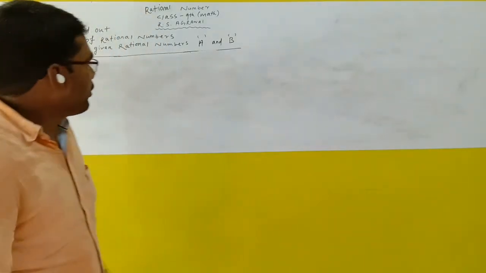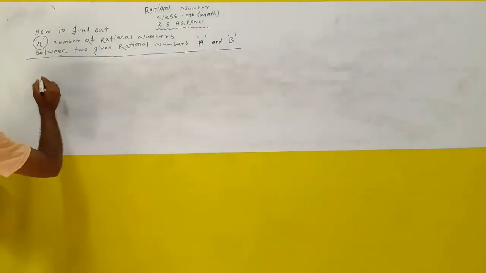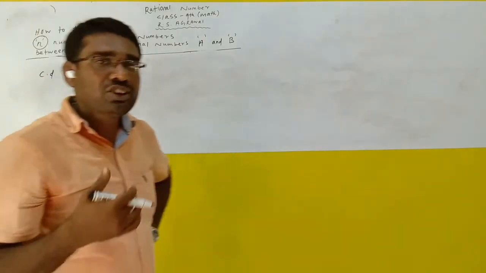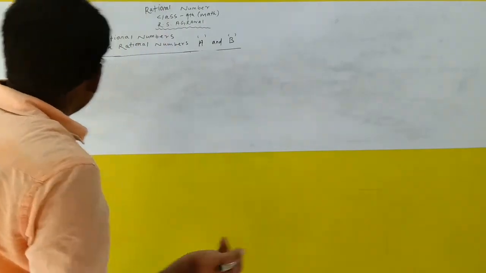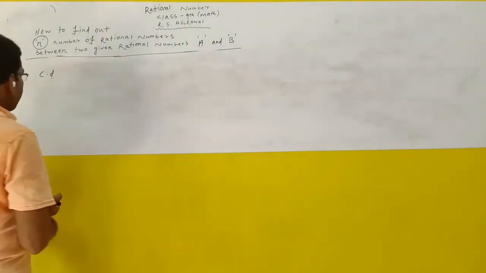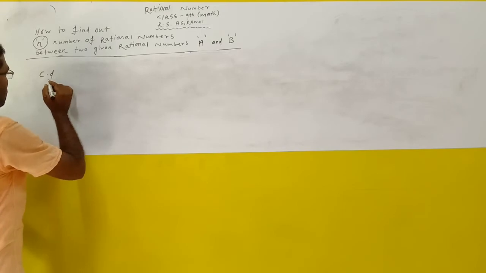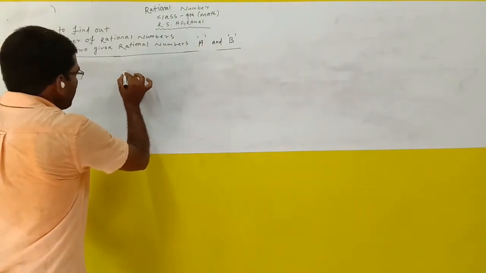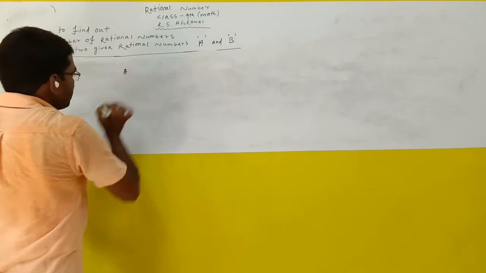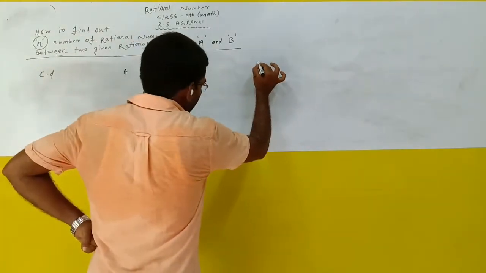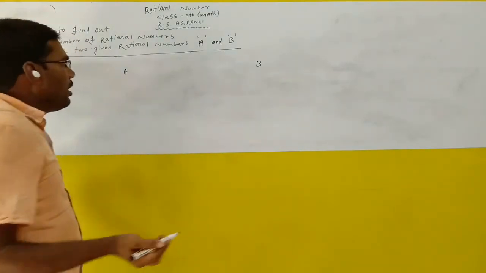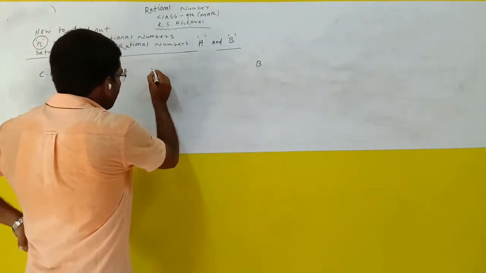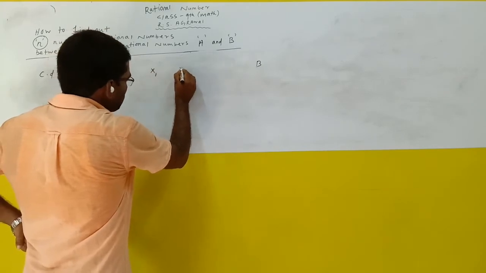So students, after finding the common difference, you will need to add it. Suppose A and B are your given rational numbers, and you want to find three rational numbers, which you consider as x1, x2, x3.